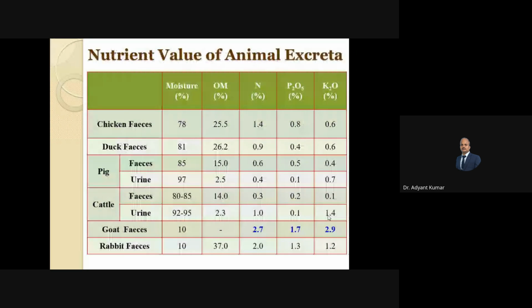This is the nutrient value of the animal excreta, where you can see chicken, duck, poultry, as well as urine, cattle, goat, and rabbit. Goat provides the highest amount of N, P, and K, that is 2.7, 1.7, and 2.9%.